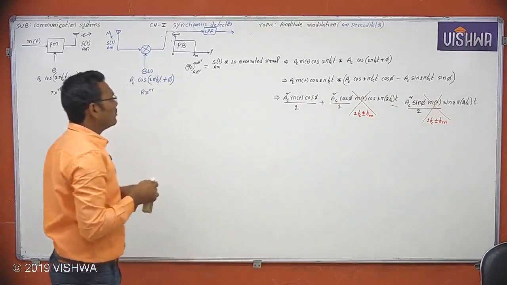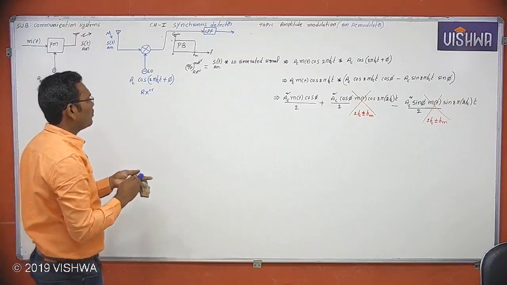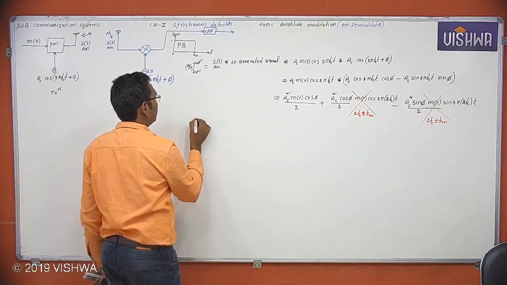So what is the output of the square law demodulator?